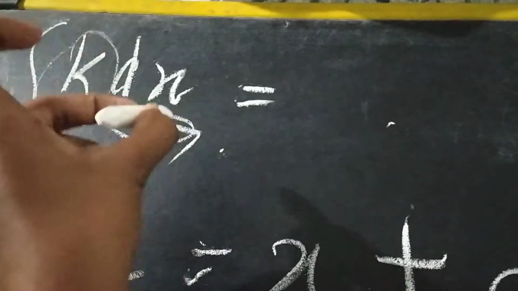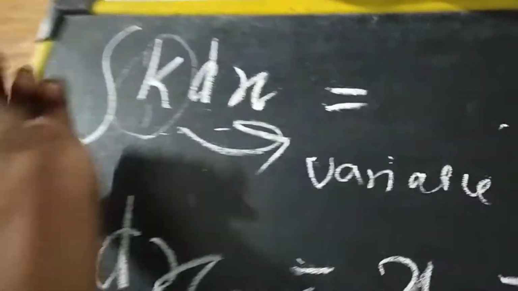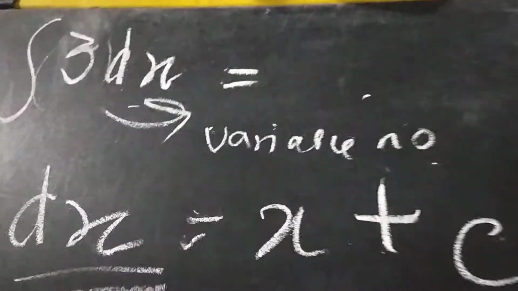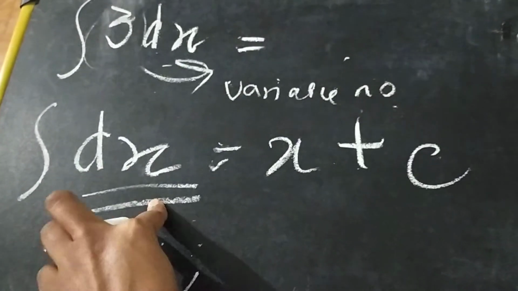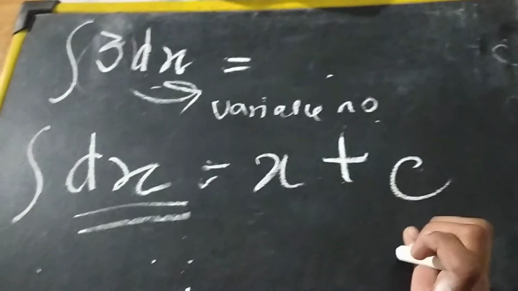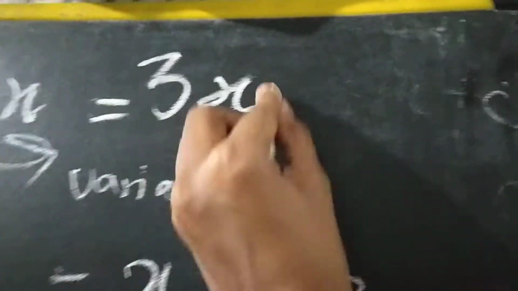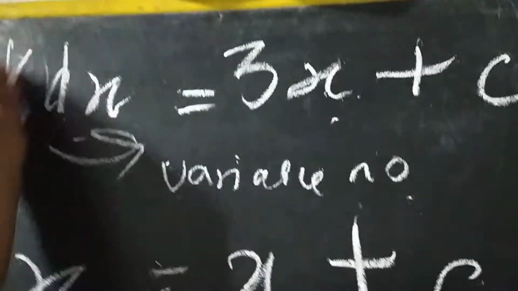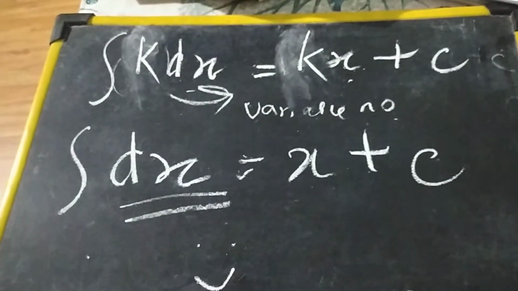Like instead of k, if I give you 3: if integration of dx is x plus c, what is the integration of 3 dx? Simple. So let me replace it with k. So this is your formula.